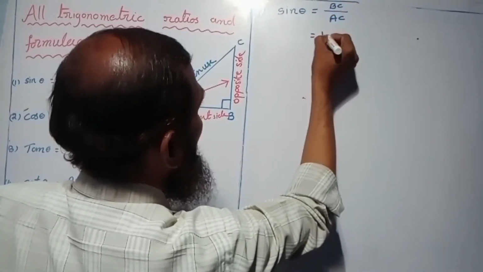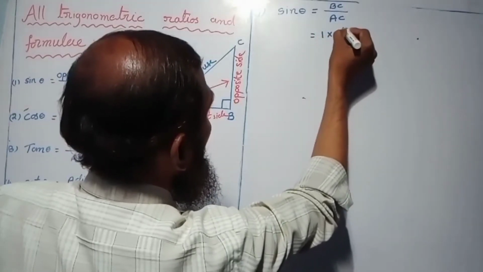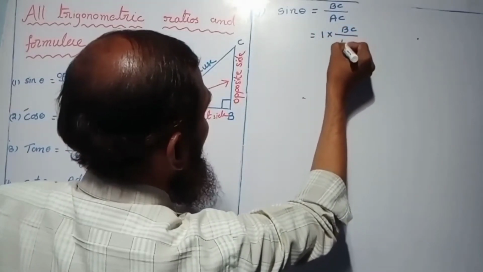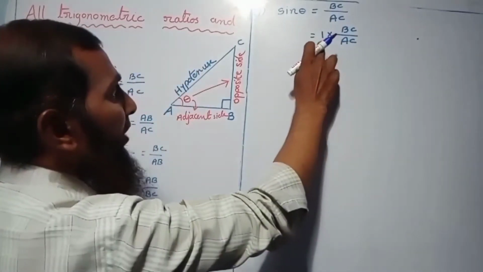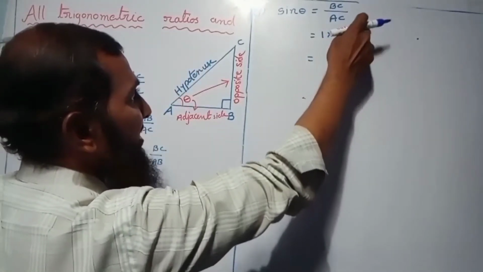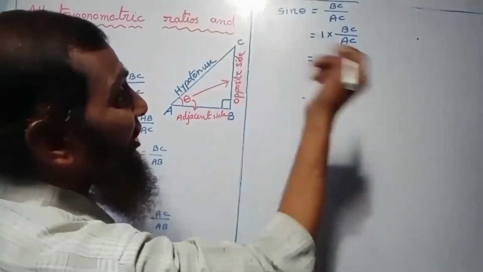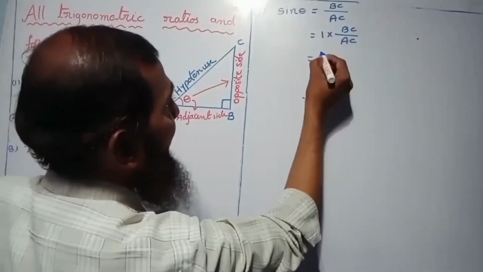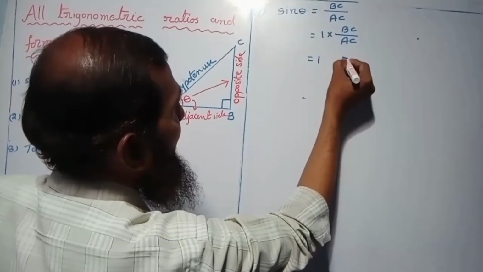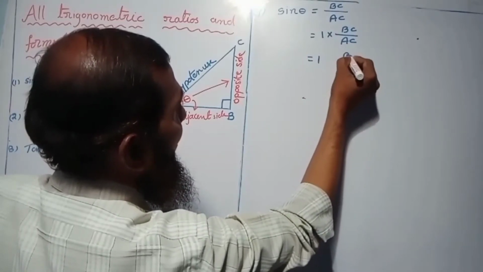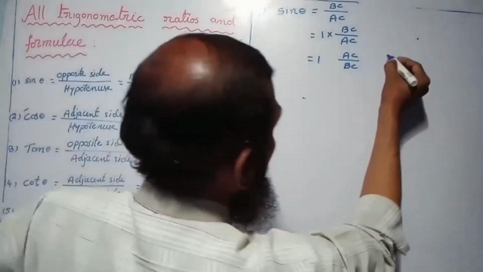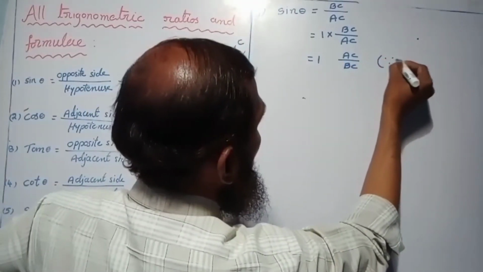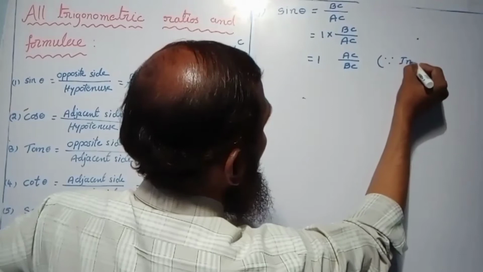Now I am going to write it like this: 1 into BC by AC. This BC by AC, I am going to interchange the numerator and denominator. Then we get AC by BC. It is called invertendo.